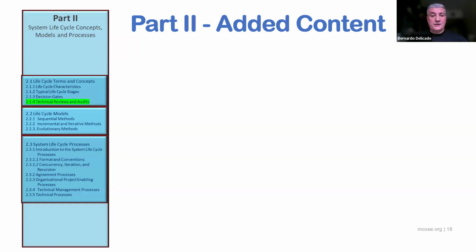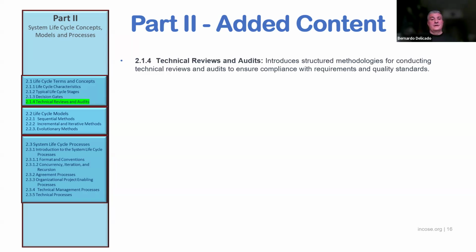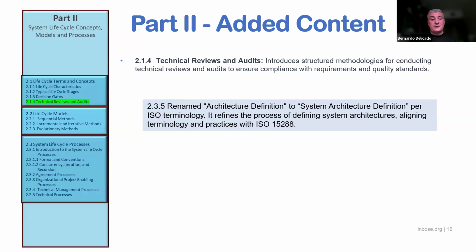We move to part 2. Here we have only one green highlighted session. That is the one on technical reviews and audits, 214. It introduces the structured methodologies for conducting technical reviews and audits to ensure compliance with requirements and quality standards. Also, it's important, this part is the one where all the processes from ISO are encapsulated.